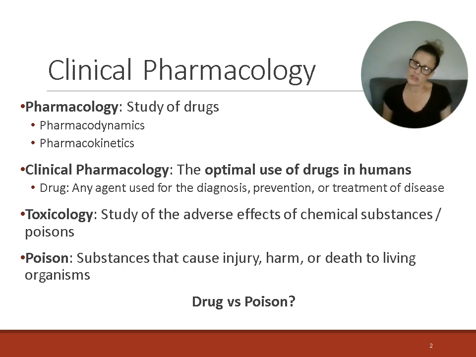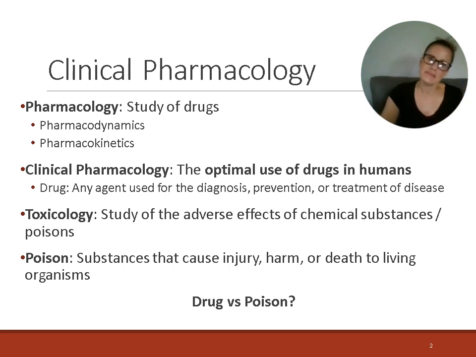How do I adjust the dose of this drug? How should I counsel patients when I prescribe this drug? All of those clinical aspects that allow you to use a drug safely or optimally in your patients. That's clinical pharmacology. So it's taking pharmacology one step forward.